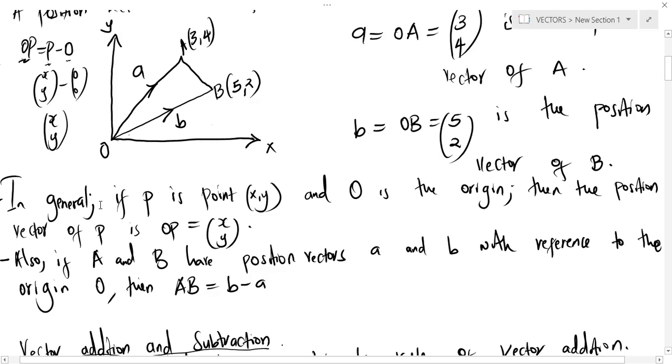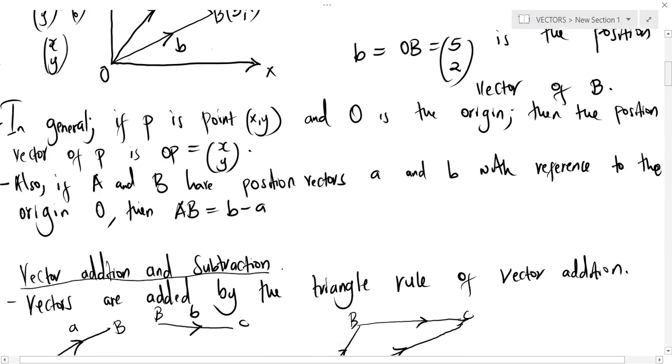Also, if A and B have position vectors a and b with reference to the origin, then basically AB is equal to b minus a.